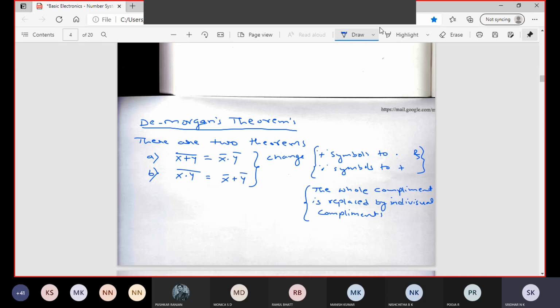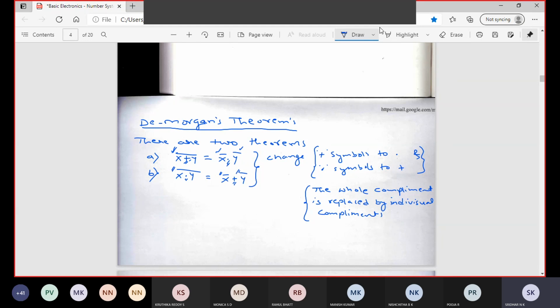Correct? So if you observe here, this plus is replaced by dot, and the whole complement is replaced by individual complements. Next, second law. If you see here, the dot is replaced by plus, and the whole complement again here is replaced by individual complements. Understood? These are the two laws of De Morgan.